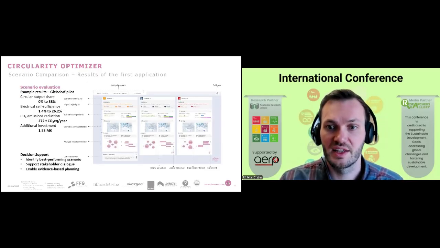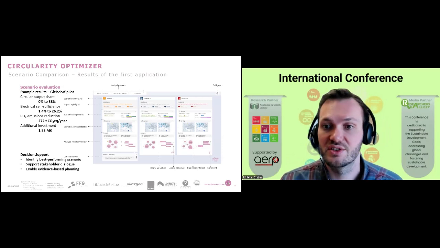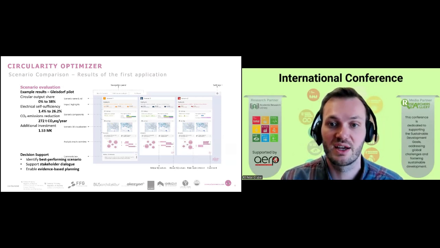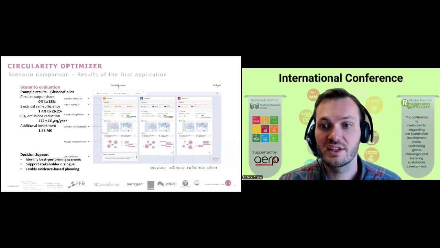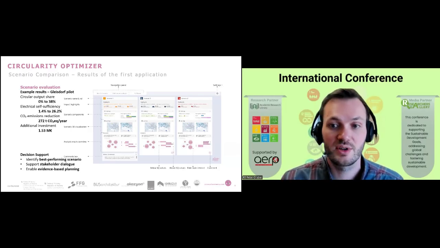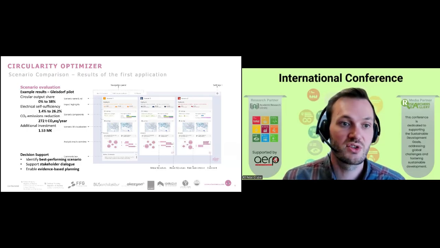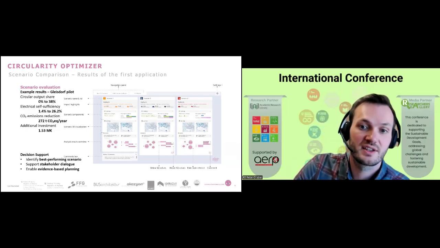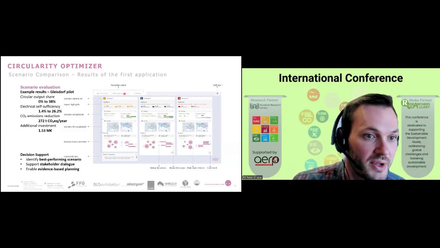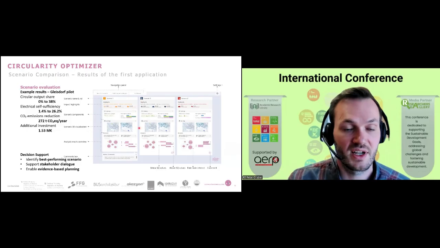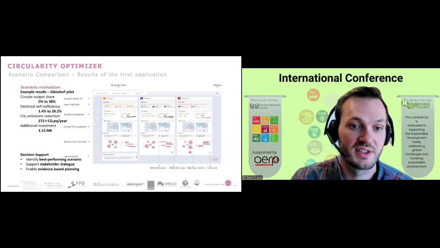So based on the calculated KPIs, different scenarios can be compared within the Circularity Optimizer interface. The system aggregates the object level indicators to the broader perspective and visualizes the results in an intuitive scenario comparison dashboard, where you can see the scenarios that are created by different stakeholders in the tool.